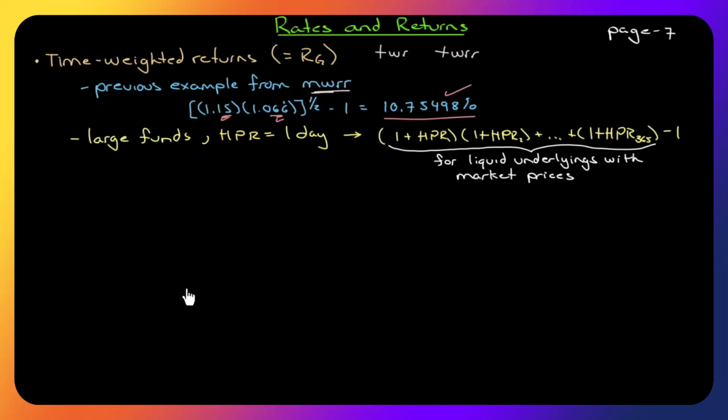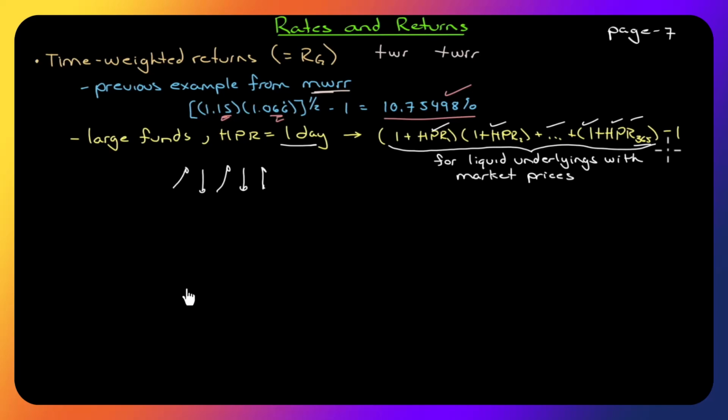For very large funds, they have money coming in and going out every day. So what they'll do is calculate a holding period return each and every day, and then simply chain them all together. Now, I put 365 in here because we have to account for the fact that, well, what if they have digital assets? Digital assets trade on the weekend.